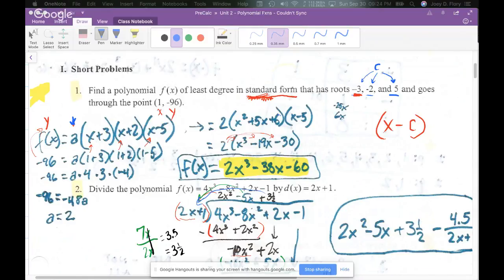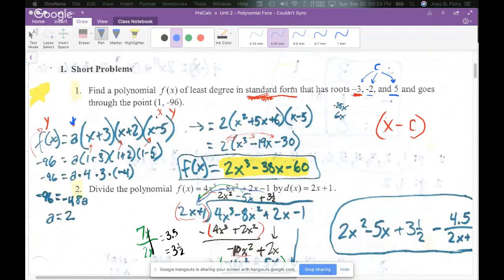So to find out what that a value is before we multiply this stuff out, I'm going to take that extra point that they give us, 1, -96. And that's the x and a y value, because any point on your graph has an x and a y value that should satisfy this equation that we're looking for.